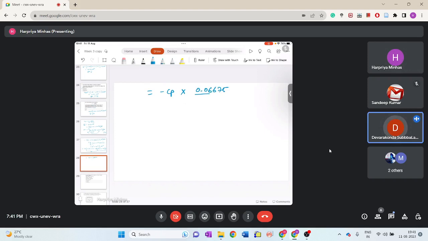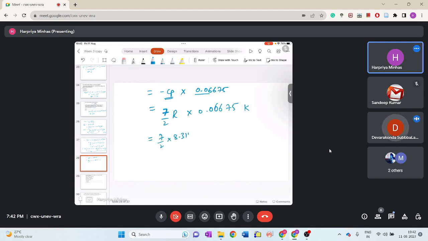Okay. Multiplied by Cp into number of moles. Exactly. So this is your Cp, right? 7 by 2R. Now put this into number of moles, madam.